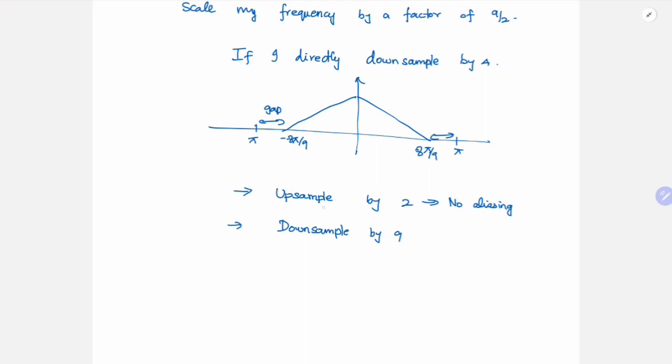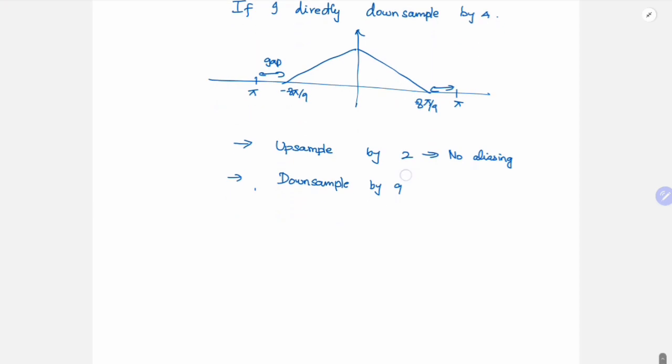So there is no loss of information because of upsampling, but only for downsampling you have to be careful. So if you first upsample, then there is not gonna be loss of information. But if you first downsample by 9, this is gonna move to 18 pi by 9. So then your second band will overlap here. That shouldn't happen. So you always first upsample.